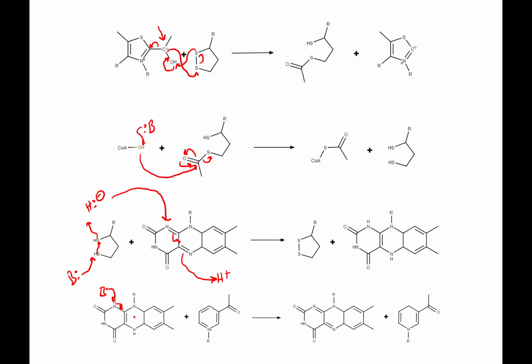The electrons move back through flavin, ultimately generating hydride. The hydride attacks at the position of NAD plus that we know it has to, giving us reduced NAD plus. We have NADH. Questions about that?